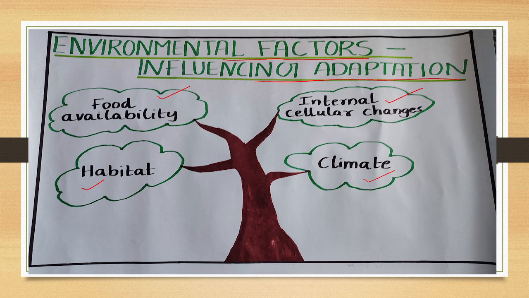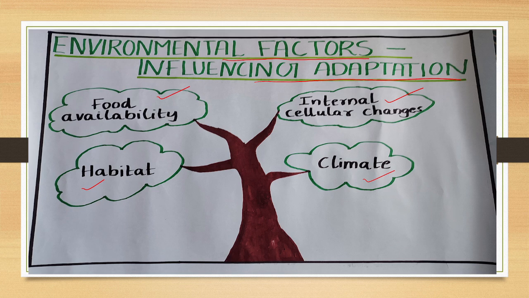So, according to these factors, some adaptations are caused in the organism, right? So, the factors that cause changes in living organisms, what are they? Habitat, food availability, internal cellular changes and climate. So, just think, what are the environmental factors that cause changes in organisms? That we have already discussed.